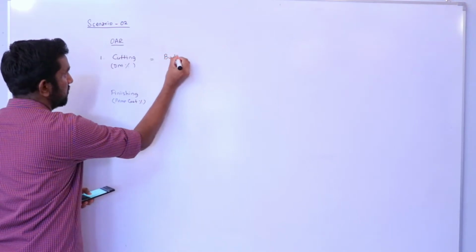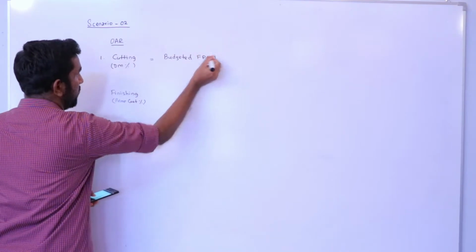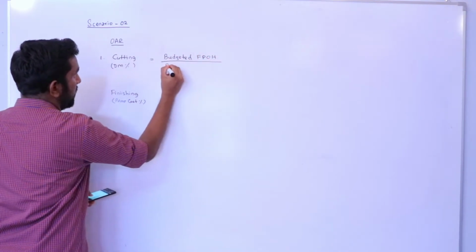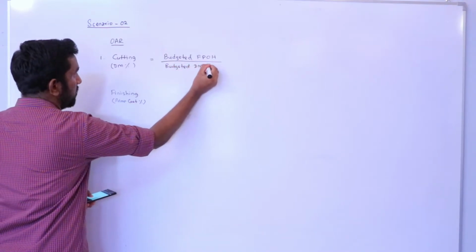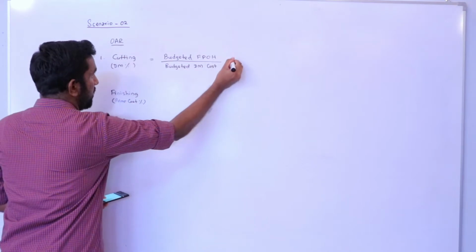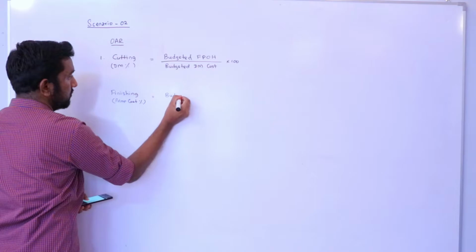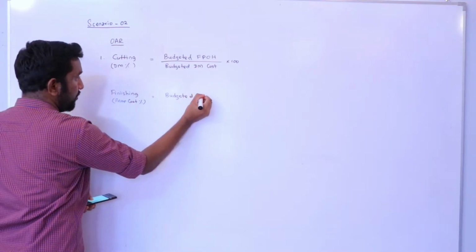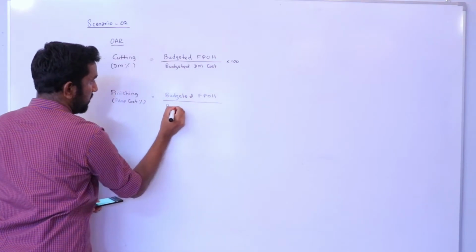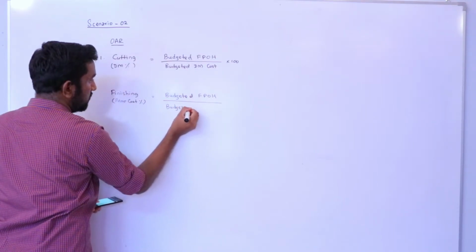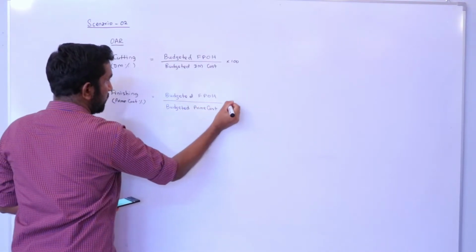Budgeted FPOH, which is fixed production overhead, divided by budgeted direct material cost into 100. And for this one, budgeted FPOH divided by budgeted prime cost into 100.